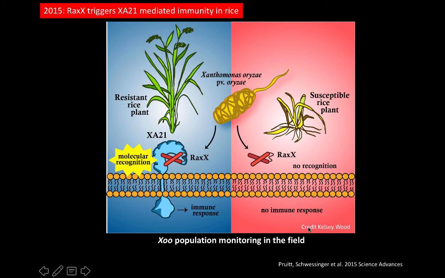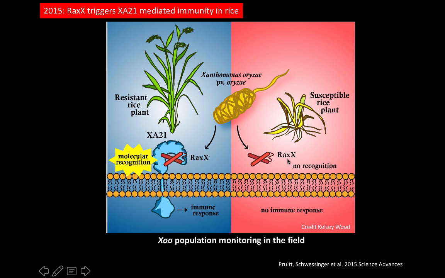And that's what's summarized in the slide here. It's work of 4 years, you have to mention, with lots of hands involved. So if you have rice plants which are infected by the bacteria which express and secrete this molecule RaxX, this can then be recognized by XA21 via a molecular recognition event, and this leads to immune response and the plant will look healthy and is resistant.